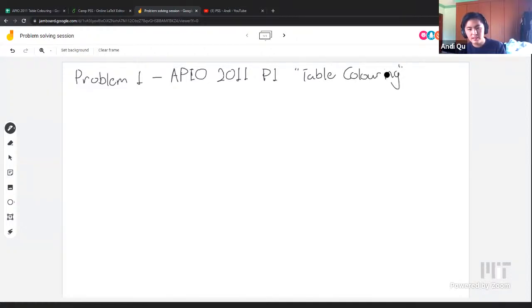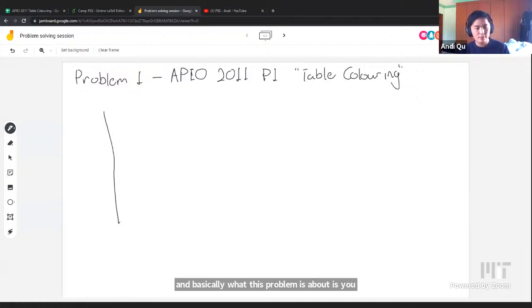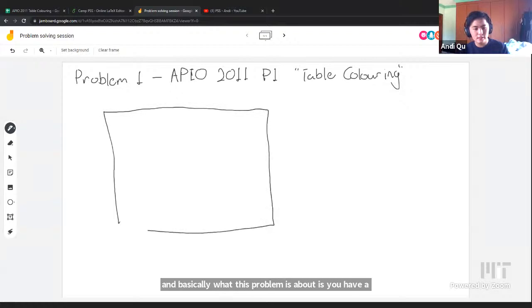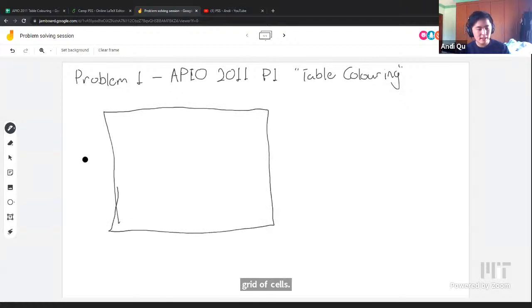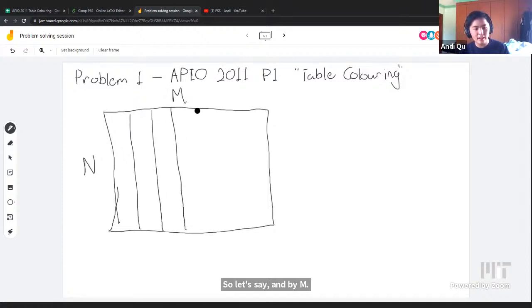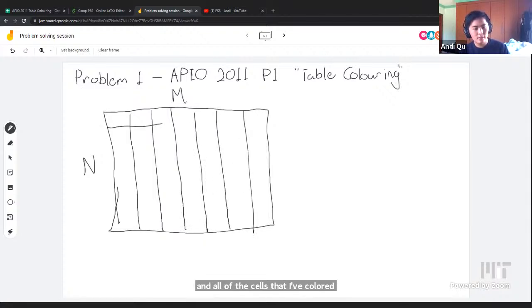Basically, what this problem is about is you have a grid of cells, let's say N by M, and all of the cells are either colored red or blue.